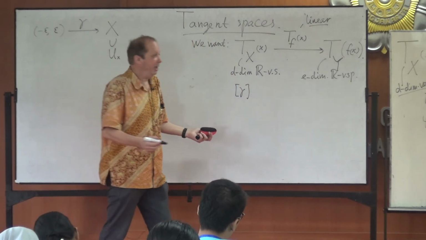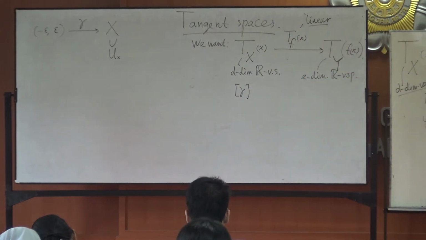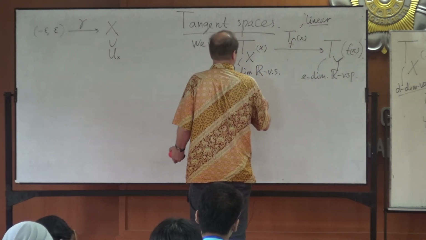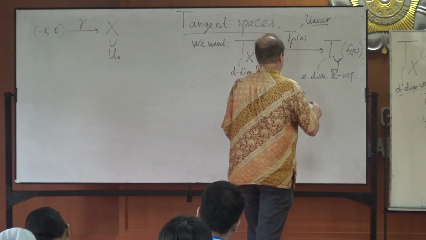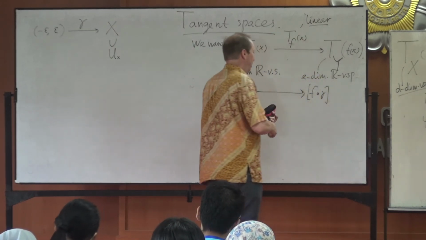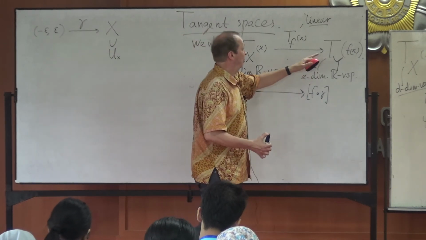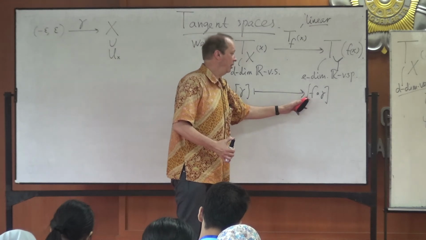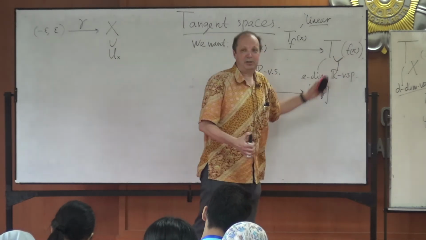Every element in such a set modulo an equivalence relation is represented by some element in the set, so there is a gamma, and I send that equivalence class to F composed with gamma. So that is a smooth map from the interval to the other manifold Y, right? And it sends 0 to F of gamma of 0, that is F of x.